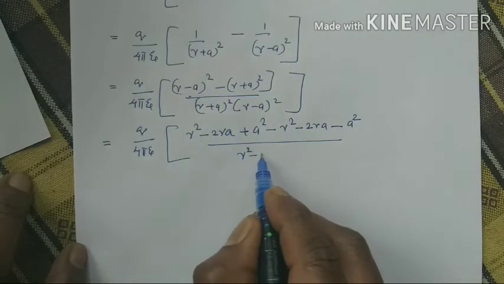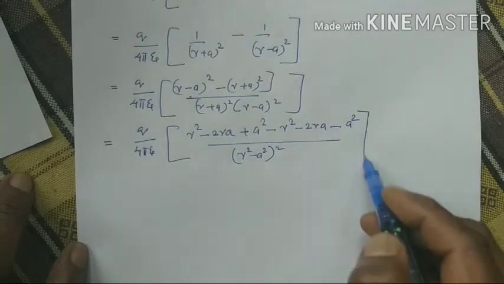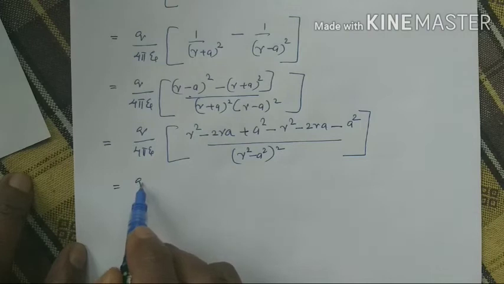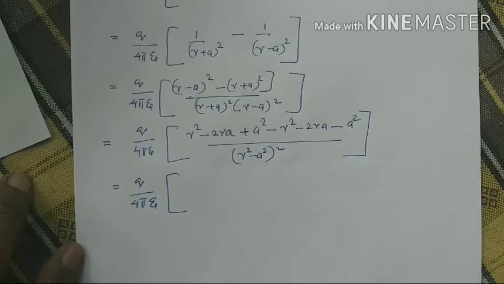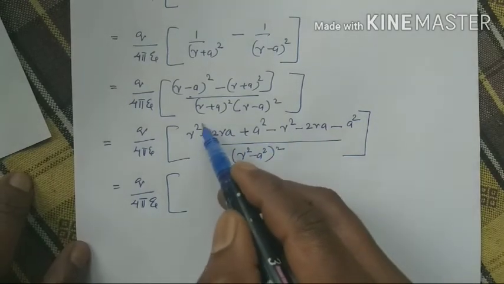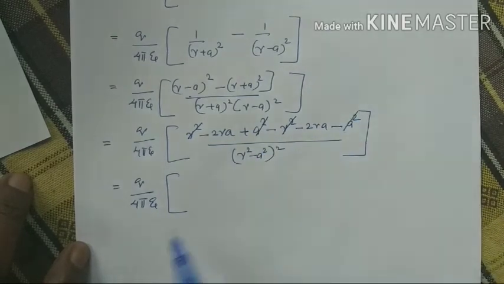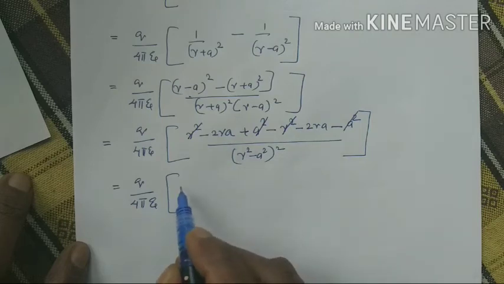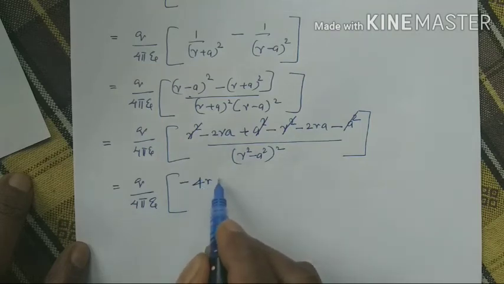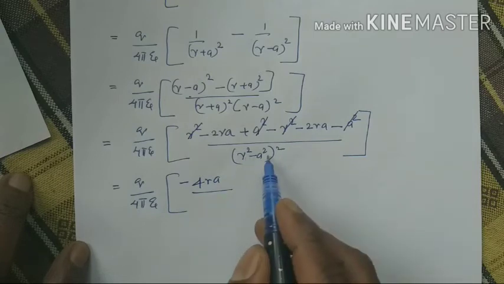So I can write (r square minus a square), now square is also there, so all square, now bracket close, which is equal to q by 4 pi epsilon 0. We can cancel similar terms within the bracket, so plus r square and minus r square we can cancel. Now a square also cancelled. Now the remaining terms are minus 2ra and minus 2ra, which is equal to minus 4ra divided by (r square minus a square) the whole square.